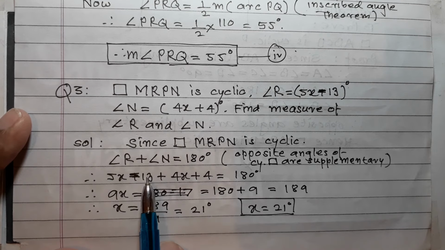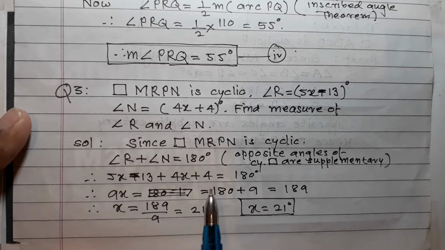This minus 9 you transfer to this side, so 9x is equal to 180 plus 9, which is 189, and therefore x is equal to 189 upon 9, which is 21 degrees. So x is equal to 21 degrees.